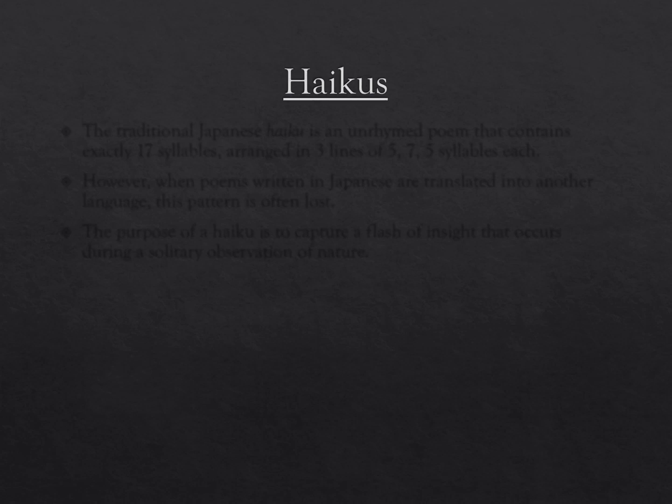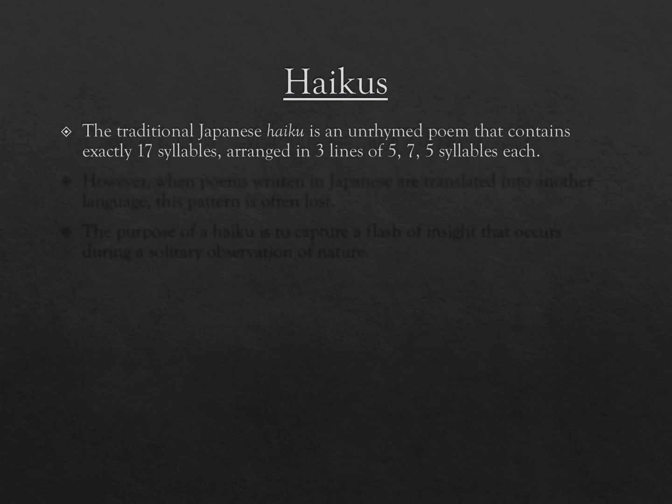So, for example, let us tackle haikus. The traditional Japanese haiku is an unrhymed poem that contains exactly 17 syllables arranged in three lines of 5 syllables each.